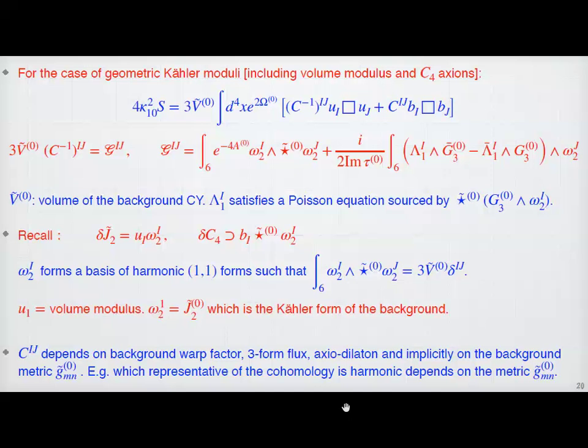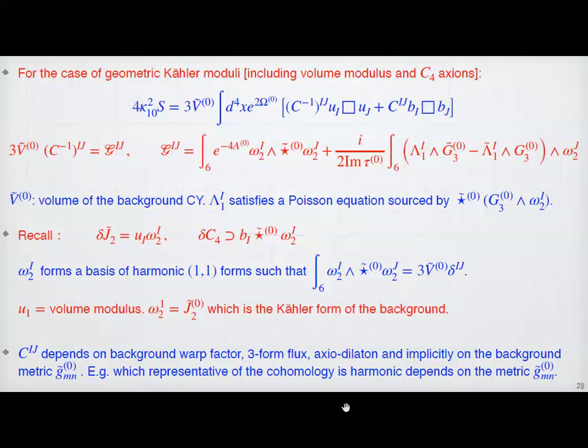Since it is not harmonic, it's non-trivial, because in a Calabi-Yau threefold there is no harmonic 5-form, and this gives some non-trivial answers. This is the answer. I should now spend some moments explaining the implications of this method.